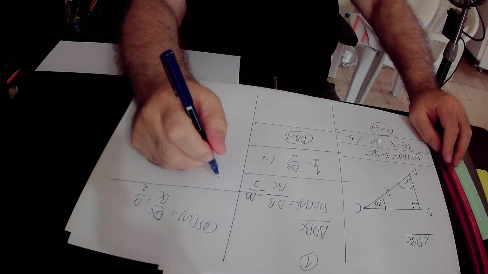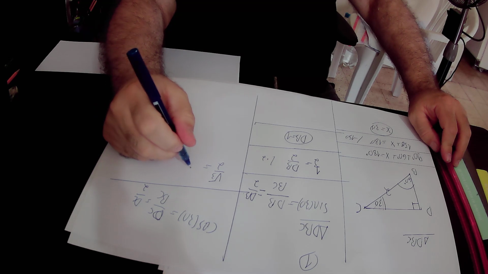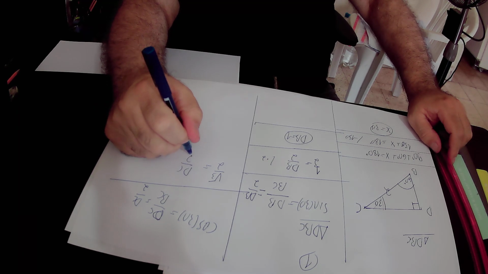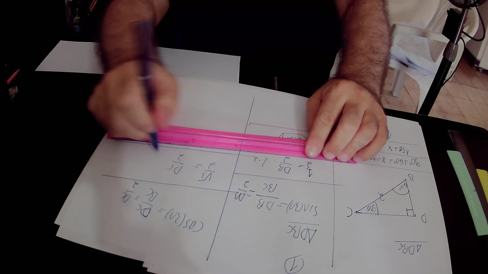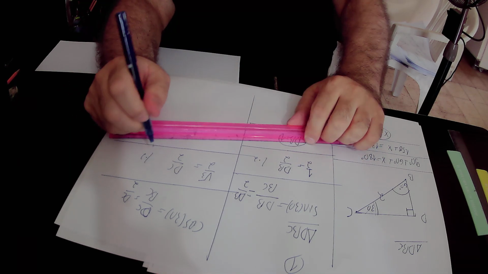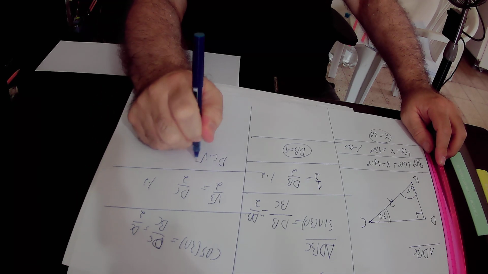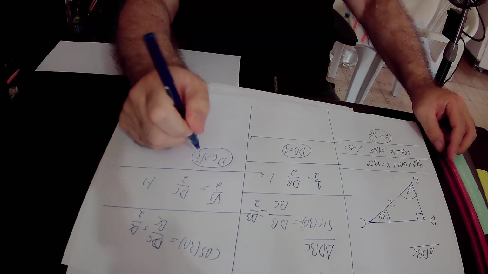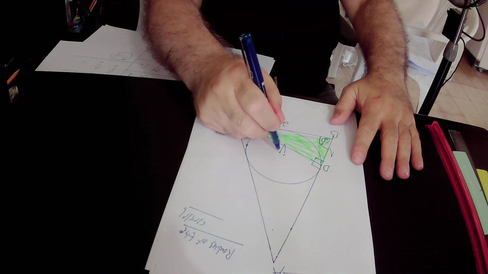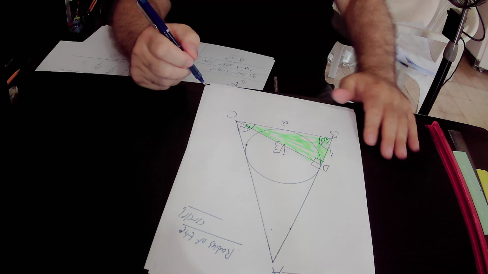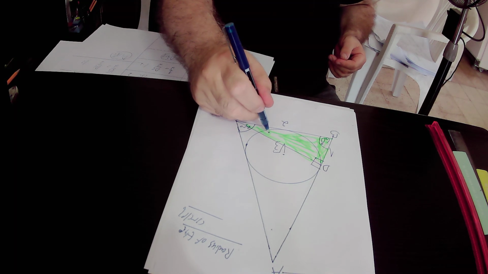Cosine 30 degrees is square root of 3 over 2, and it is equal to DC over 2. Here we multiply this equation by 2 and we get that DC equals square root of 3 units. We found out that angle BCD equals 30 degrees.